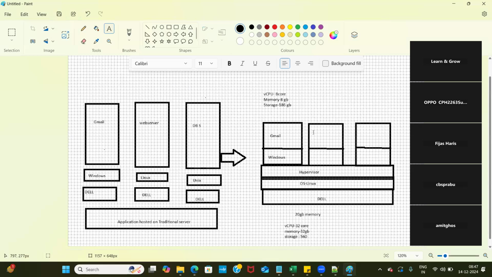That's why I'm configuring the things again on the VM. Then there is a Linux server. Then we have a DBS, that is the database server, and here we were using Unix.